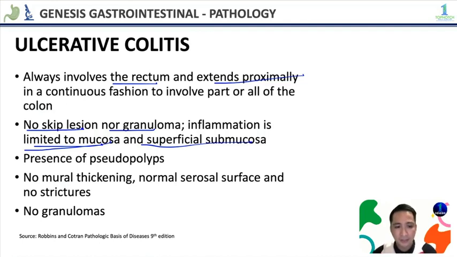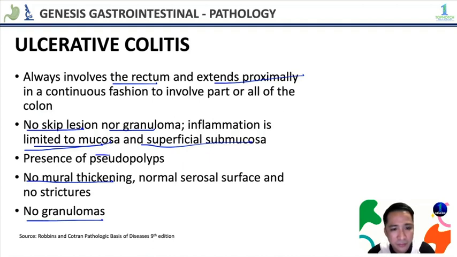Presence of pseudopolyps, there is no granuloma, there is no mural thickening. So this slide represents the differences with your Crohn's disease. That's your ulcerative colitis. Again, ulcerative colitis will only involve the mucosa and submucosa. The mucosa can regenerate, creating a pseudopolyp.